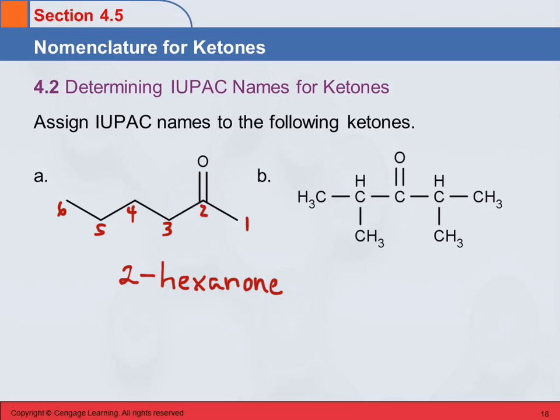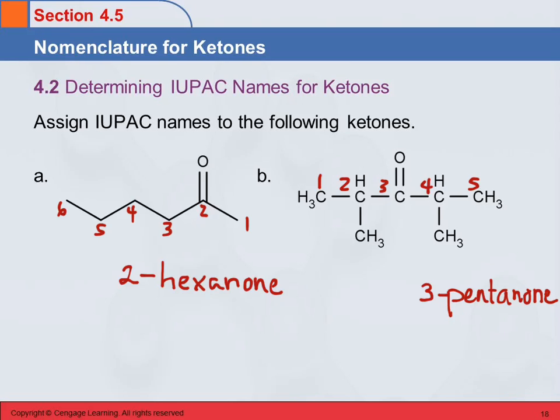So 5 carbons would be pentane, pentanone. And the position of the ketone group comes right before pentanone. So that's going to be on carbon number 3, no matter what direction we number. 1, 2, 3, 4, 5.